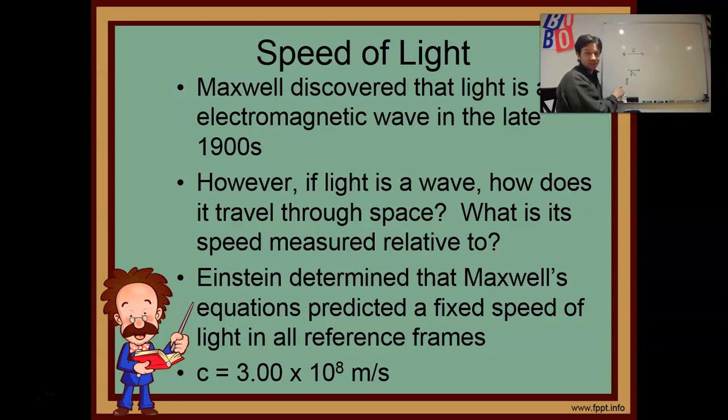Relative to him, I'm moving at 3/4 the speed of light, and the light's moving at the speed of light. Relative to me, the light is also moving at the speed of light. What's going on here? And it is quite confusing.